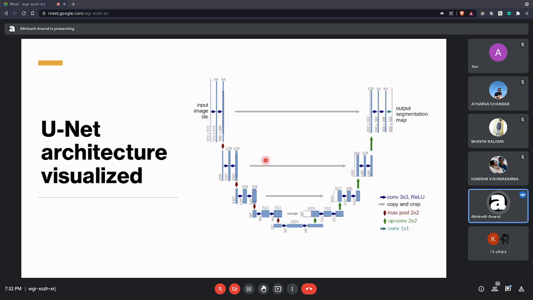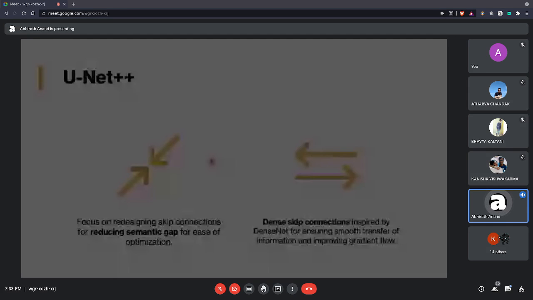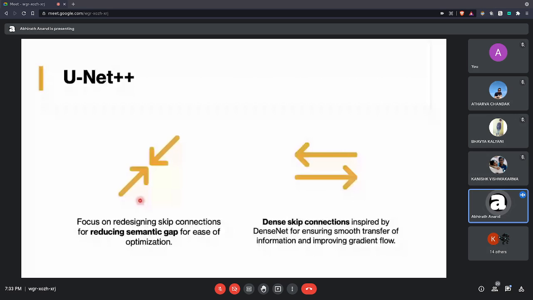These pixels carry some amount of image meaning and some amount of feature meaning, and these pixels also carry some amount of feature meaning that they've carried from down here, and some amount of class probability meaning that they will eventually be moving towards. This is how I've understood semantic gap, and one of the major things they've tried to do in this paper is redesign the skip connections for reducing this semantic gap for ease of optimization.